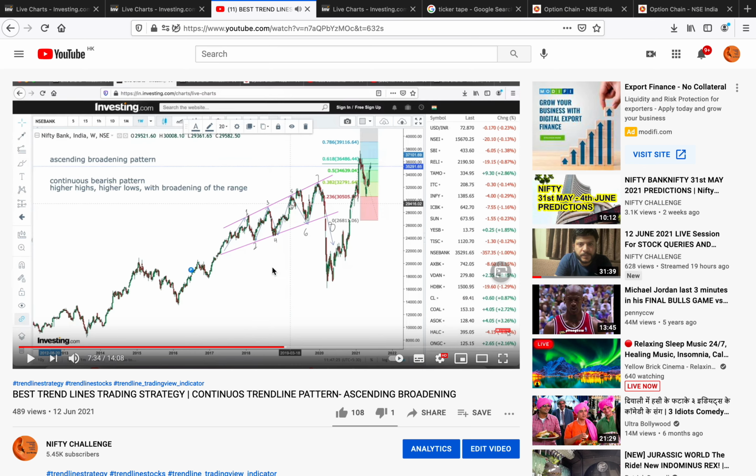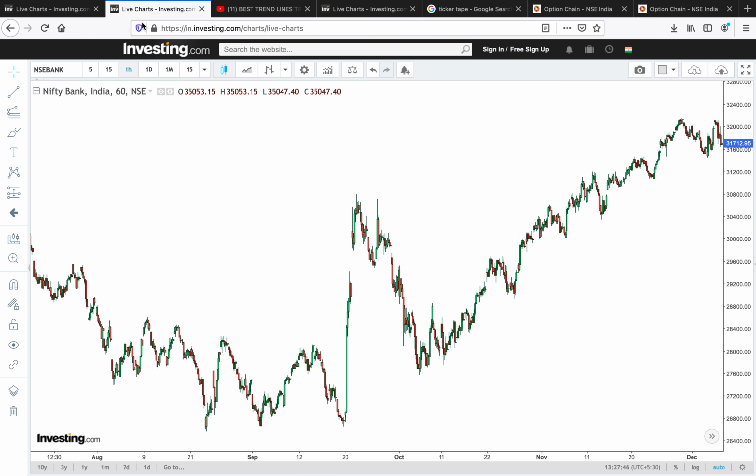It gave 1, 2, 3, 4, 5, 6, 7. And before it made a fall, if you zoom out, it comes here and starts giving an upside again, and then it gives a fall. So there is always one trapping area which happens 100% in all the continuation patterns, which I'm telling you from my experience. Now let's come back to these charts.